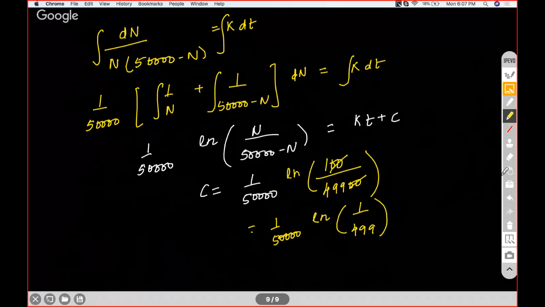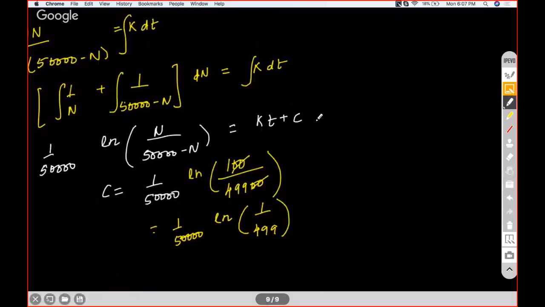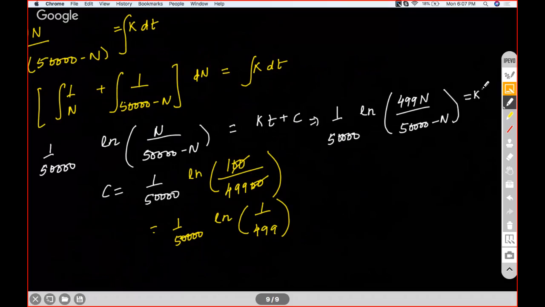So, when I put it back in this equation, I get 1 upon 50,000 ln, and this will get subtracted, so it becomes 499n by 50,000 minus n. This is equal to kt.